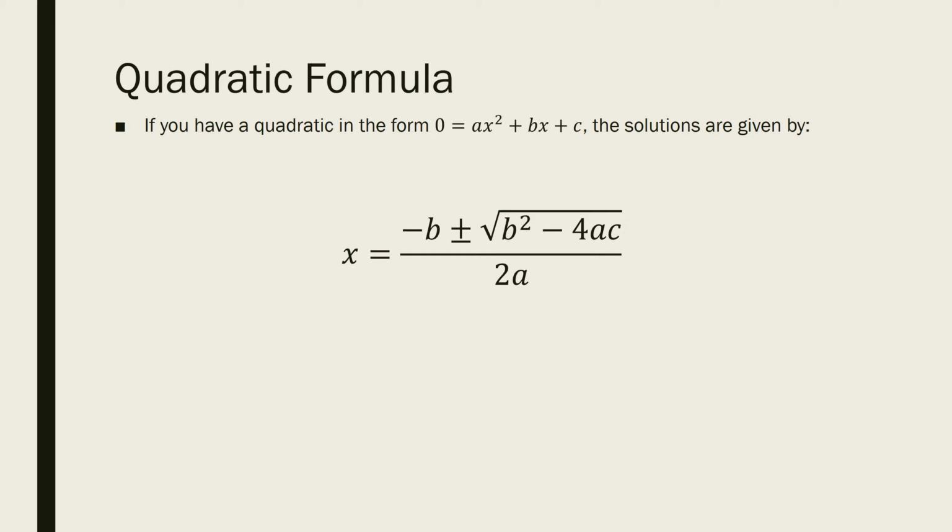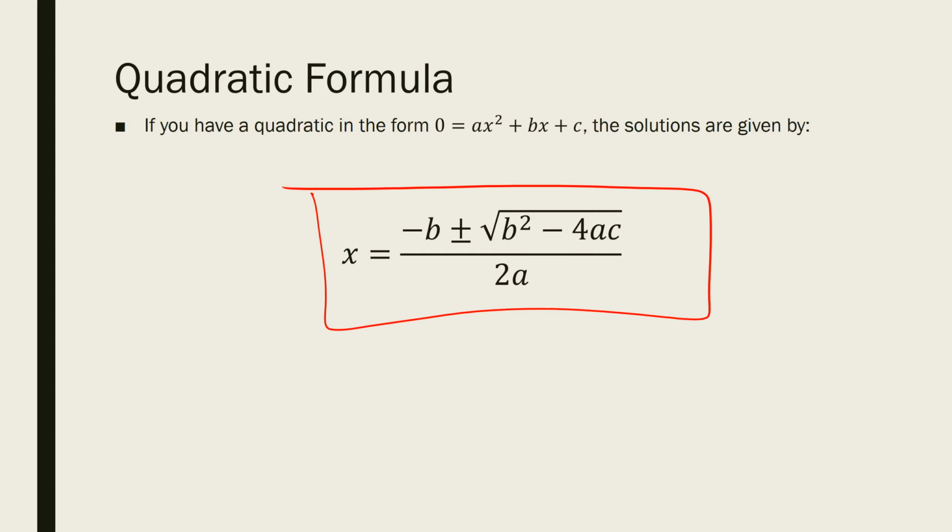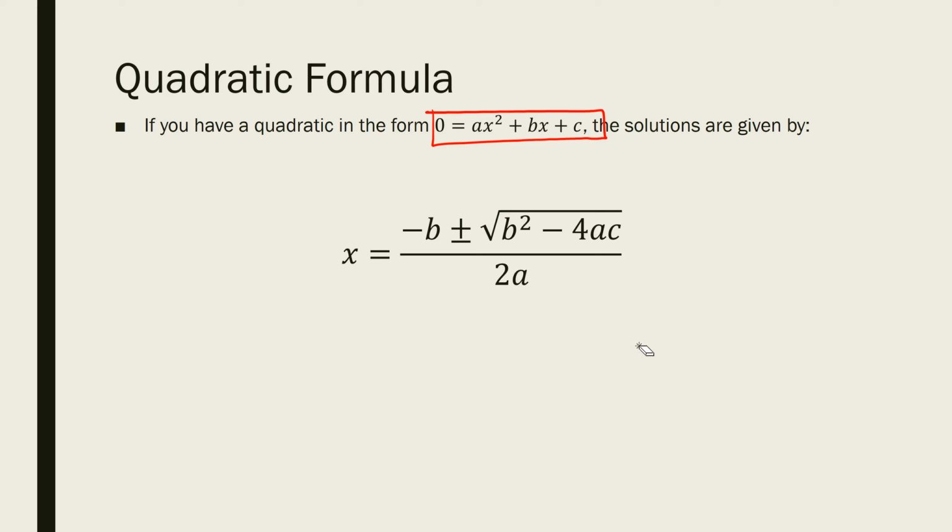Now, you have seen the quadratic formula before. It is this. What the quadratic formula does is it says, if you have a function in standard form, ax squared plus bx plus c, and if you set that function equal to 0, the solutions, what x equals, you can find by plugging the coefficients of x squared, x, and the constant term into this formula.